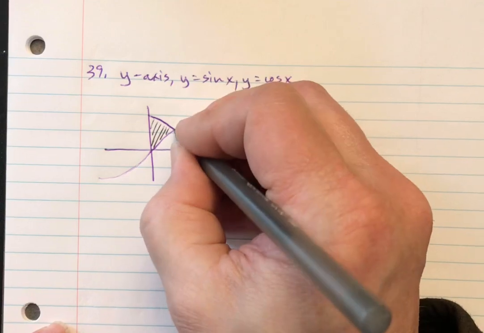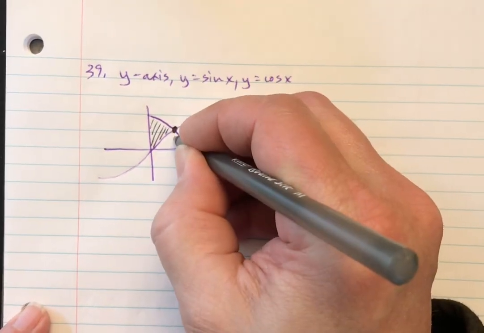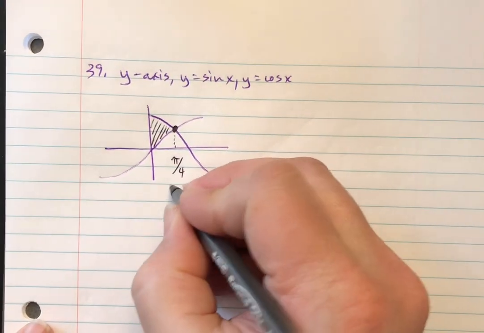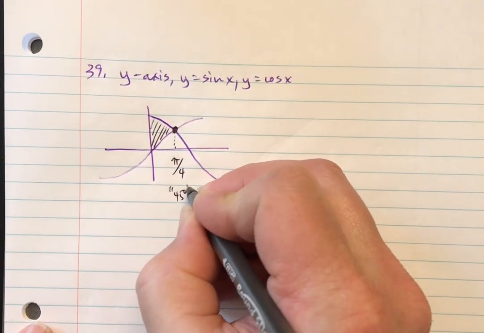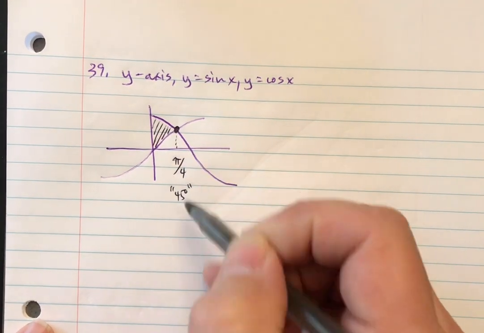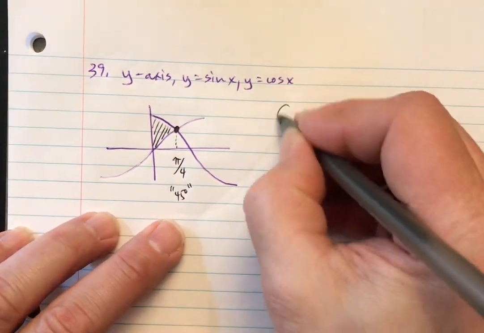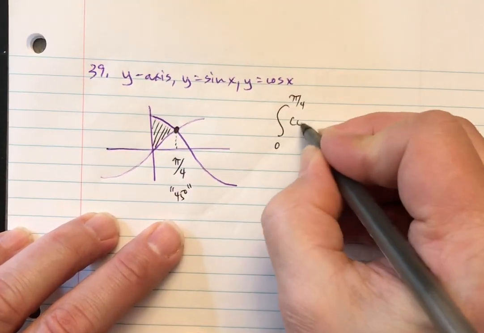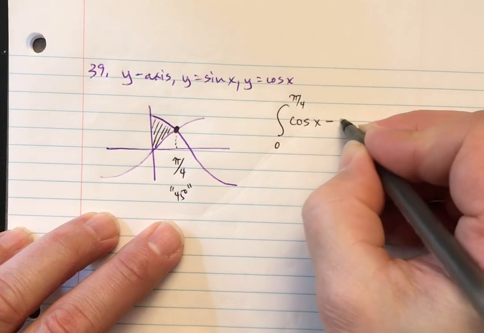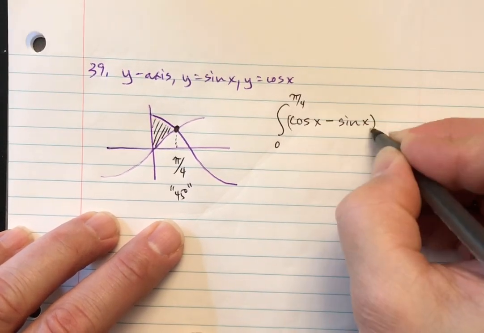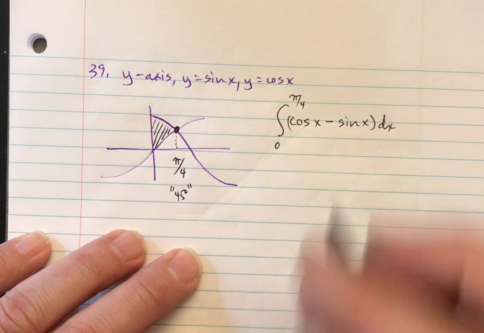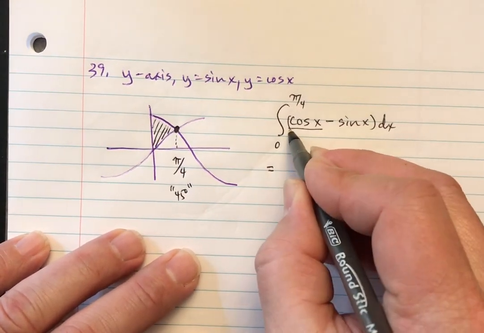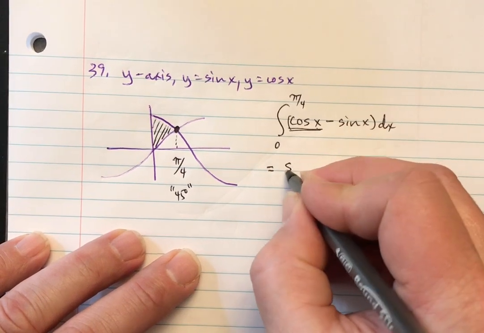So, sine and cosine intersect at pi over 4. Now, I'm going to write that as 45 degrees here, but I'm going to use radians. And so now when I integrate, it's going to be from 0 to pi over 4. My upper function, which is cosine, minus my lower, which is sine. I'm integrating with respect to x. So now, the antiderivative of cosine is sine.